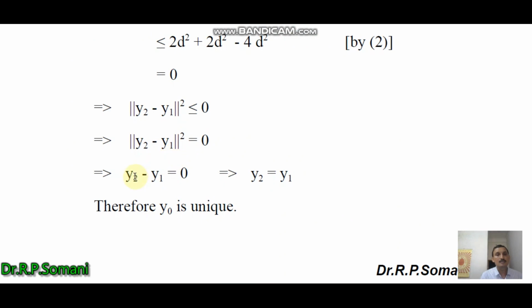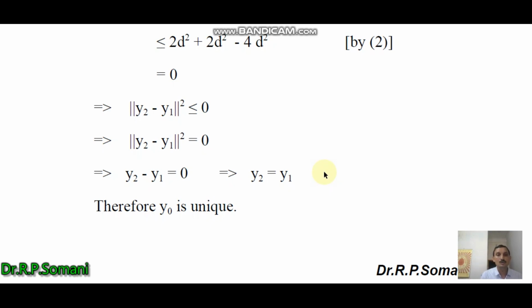And this implies y2 minus y1 equals 0, which implies y2 equals y1. Therefore, y0 is unique.